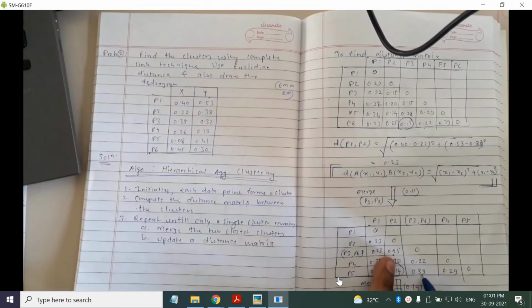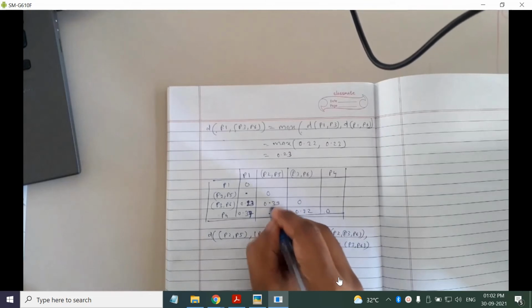This is the max, so here 0.39 will come.